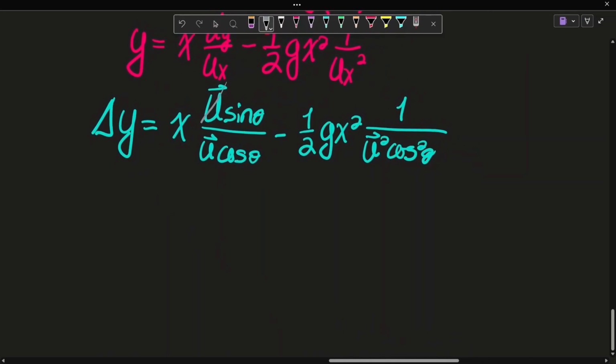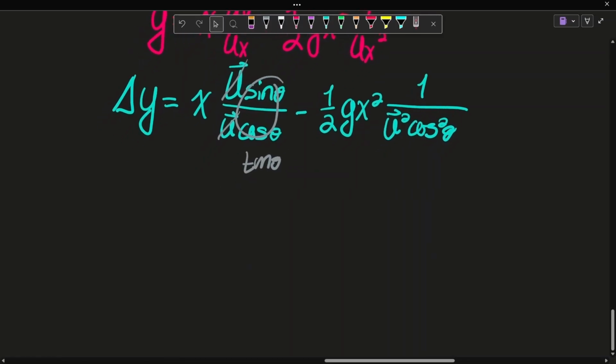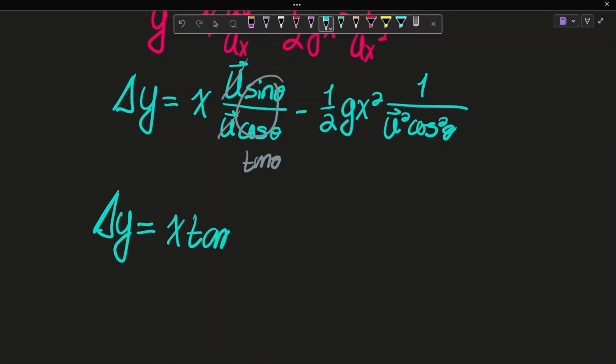So here, these two cancel out. These two form tan theta. So we get that the change in y is equal to x tan theta minus 1/2 g x squared times 1 over u squared cos squared theta.